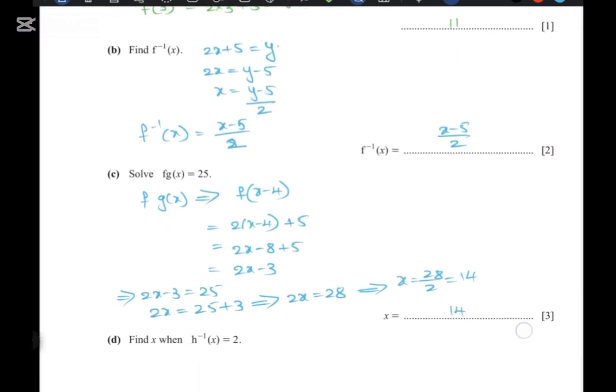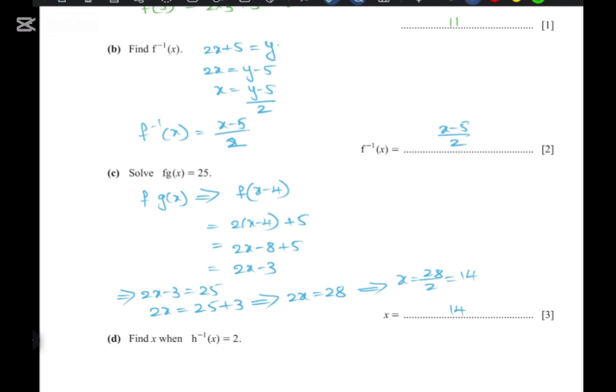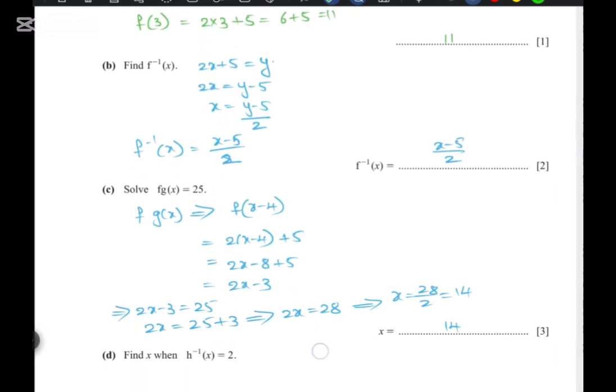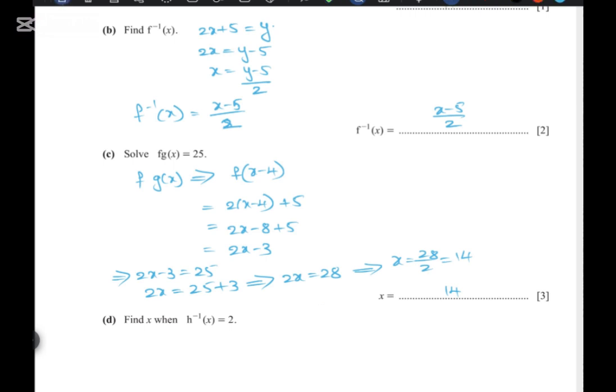Question number D, h inverse of x. We find x when h inverse of x is 2. So now what is h of x? First see that 5 raised to x is h of x. Now take this equation, h inverse of x is equal to 2. You have to apply the h function on both sides to cancel out the inverse function.